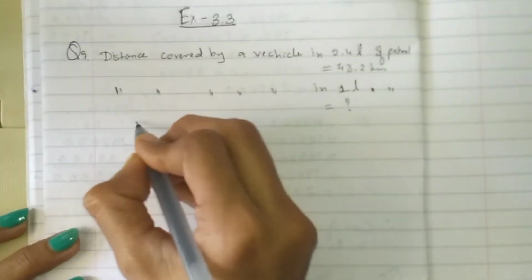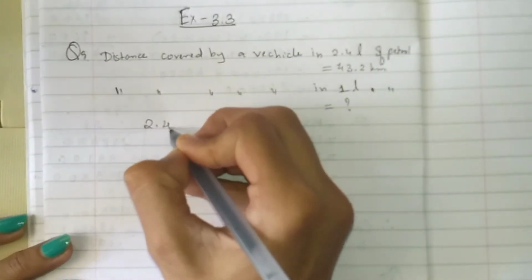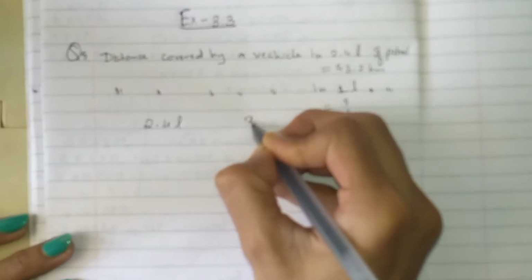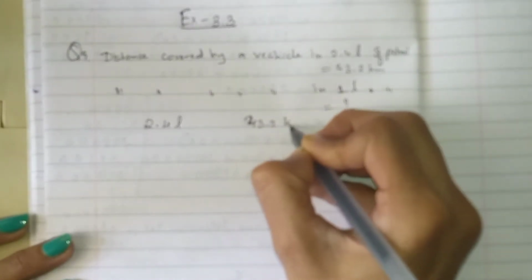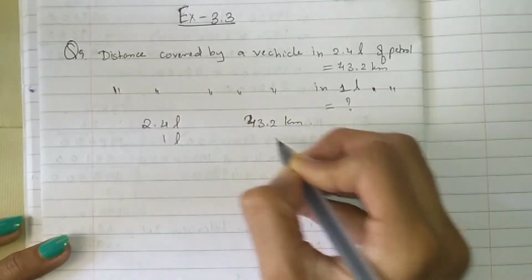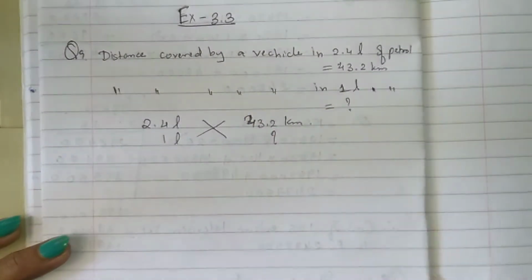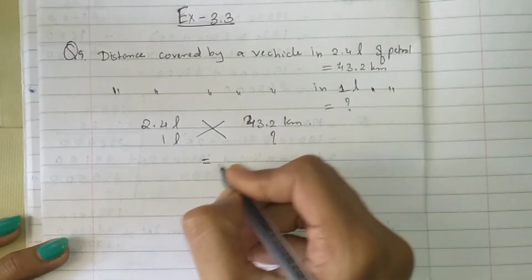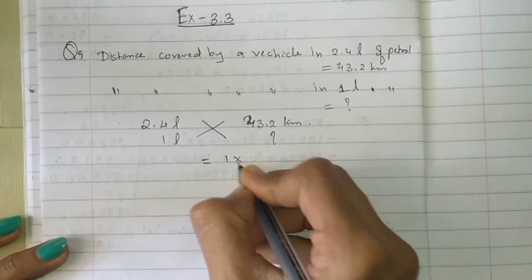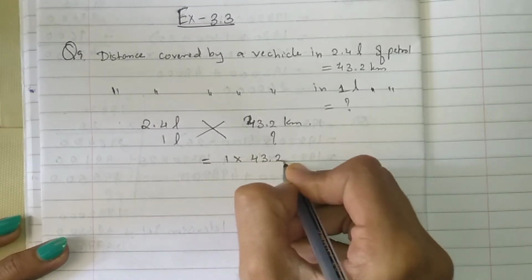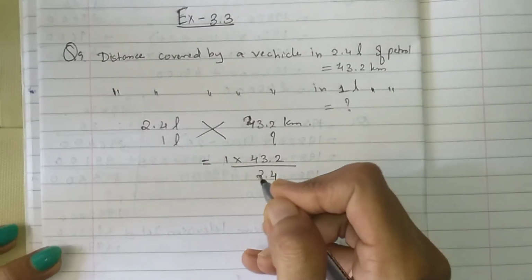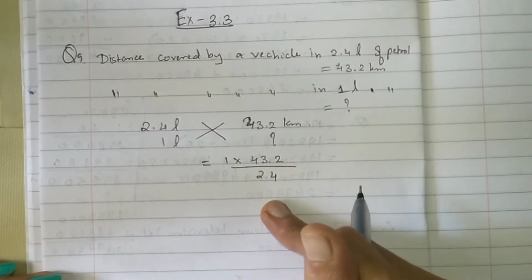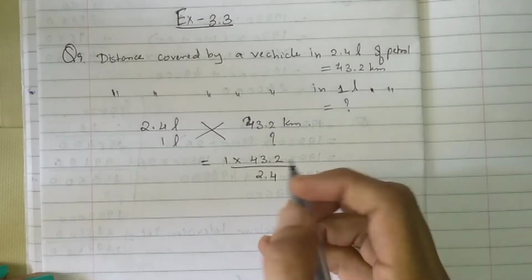So first of all, what we will write? 2.4 liters, 43.2 kilometers travel. So for 1 liter, how much? So cross multiplication. So what we will get? 1 multiplied by 43.2 upon 2.4. Now we will just remove the decimal point.